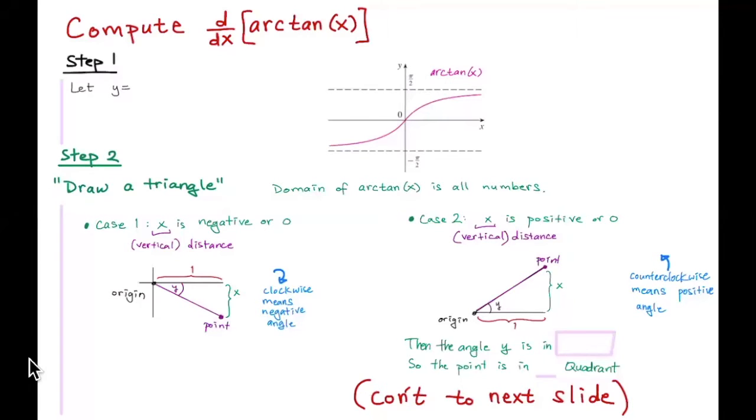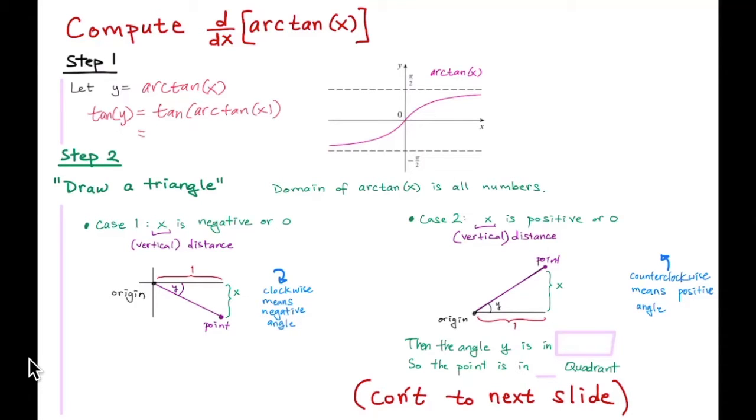Now I'm going to compute the derivative of arctangent of x. So first, I write arctangent of x as y. And I want to work with tangent instead of arctangent. So I write tangent of y, and then tangent of arctangent of x.